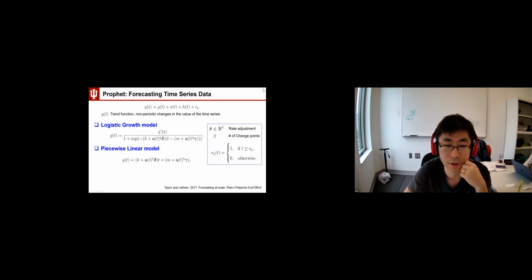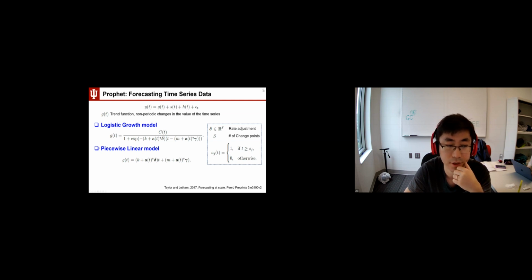C is the maximum capacity, but in Prophet C can be treated as time dependent, and you can also set different time steps on which the growth rate can change. A is actually a piecewise function, either 1 or 0.